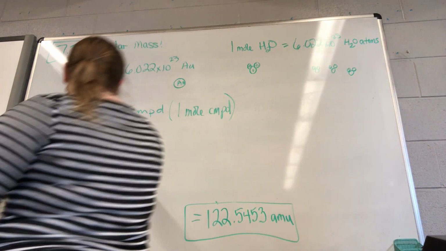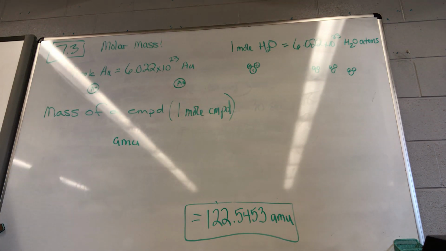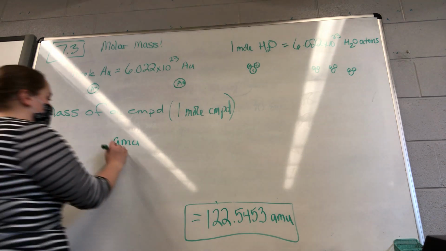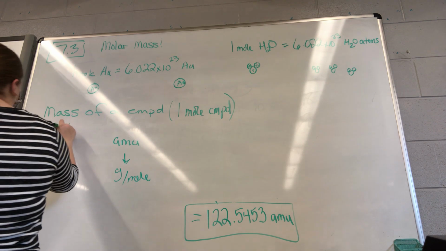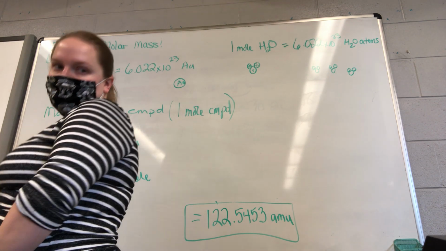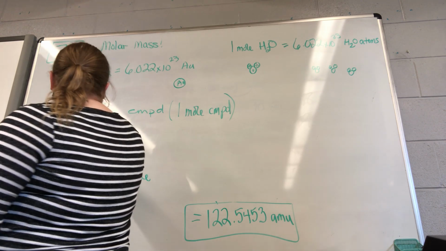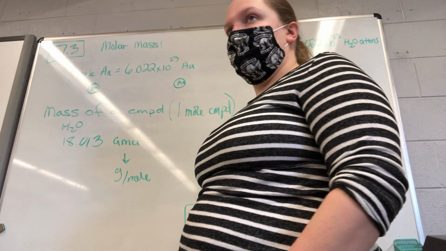What we're going to do is take the amount of AMU, and we're just going to convert the unit to grams per mole. So for instance, let's go with H2O. We calculated that at the beginning of class. We said it was 18 point, anybody remember? 013. We said it was 18.013 AMU.